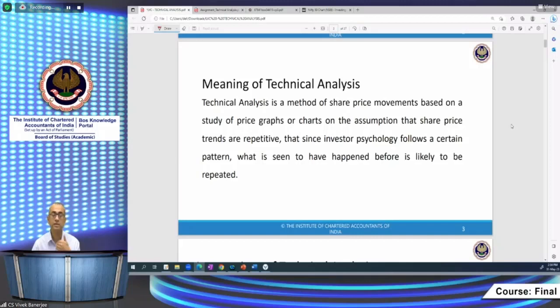Then I will explain the concepts of technical analysis and various indicators of technical analysis, as well as various methods which technical analysts use while investing in the shares or stock of a particular company.